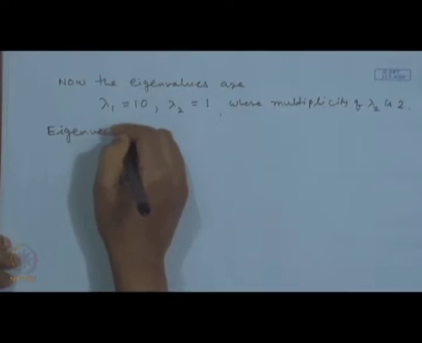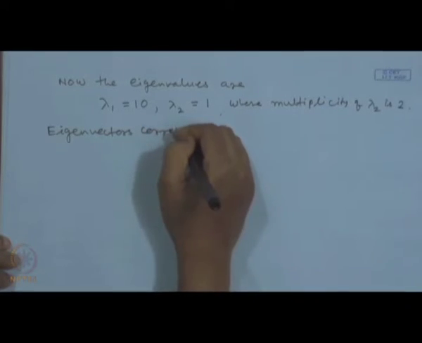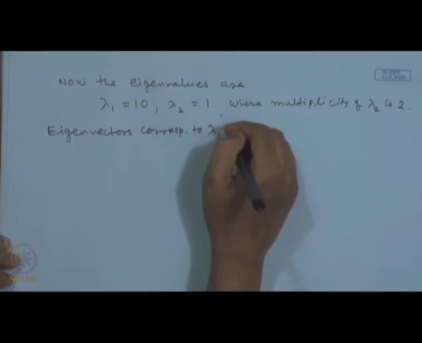So, eigenvectors corresponding to lambda 1, that is equal to 10.